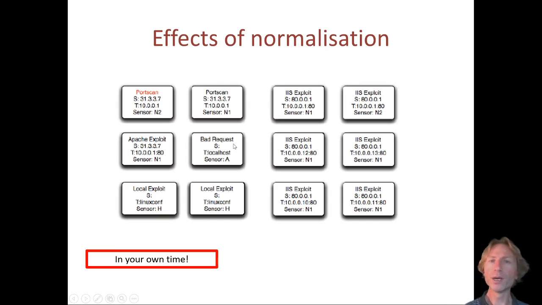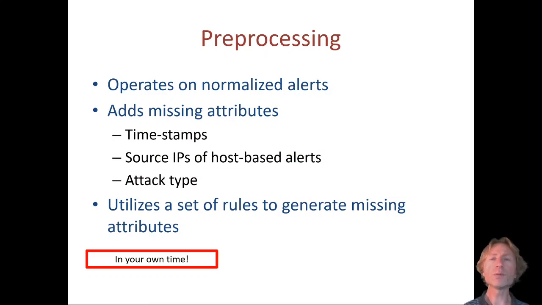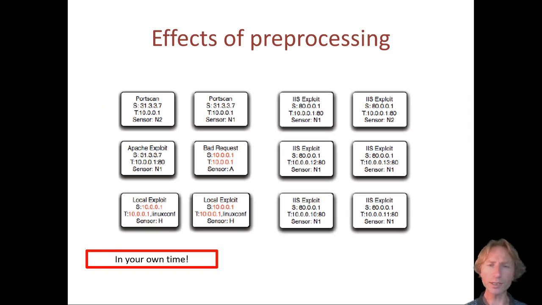Okay, now the next step is we do some pre-processing to add missing attributes such as timestamps and the IP addresses of the host-based alerts and the attack type and so on, utilizing some rules to generate these missing attributes. For instance, here we see that now the IP addresses have been properly filled in. Localhost has become 10.0.0.1 and the source is 10.0.0.1. Okay, great.